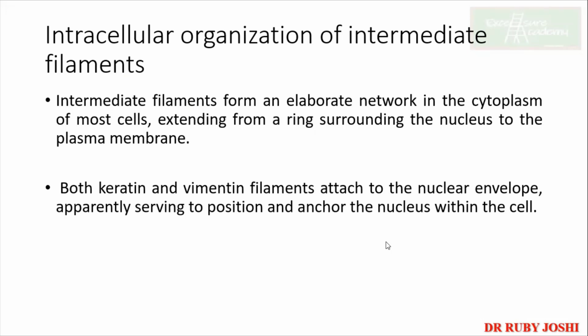So if the question comes like, what keeps your nucleus attached to only one position or one localization inside the cell? The answer is that the keratin and the vimentin filaments are making sure that the nucleus is anchored in one place inside the cell cytoplasm. Okay.